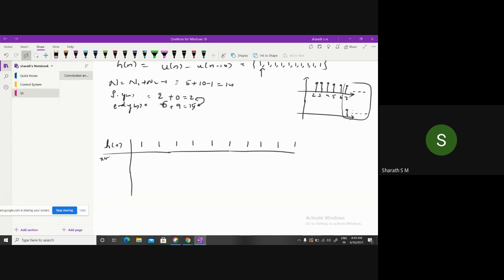And x of n is at 2, 3, 4, 5, 6. So just do a multiplication row by column wise: 1, 1, 1.